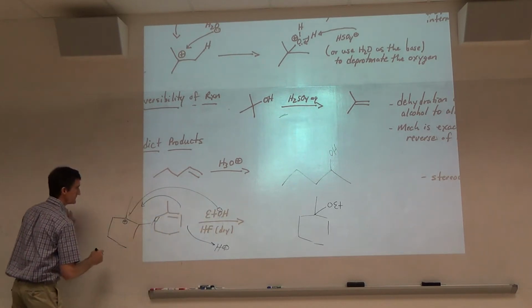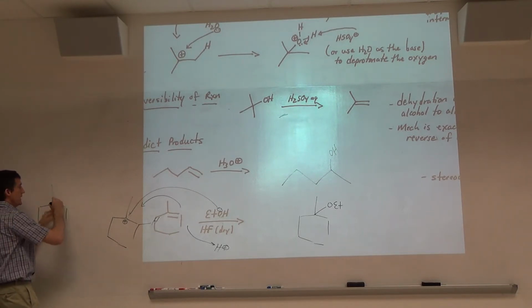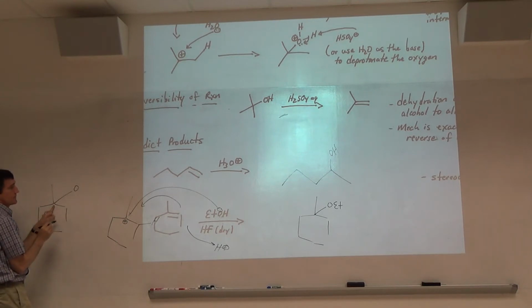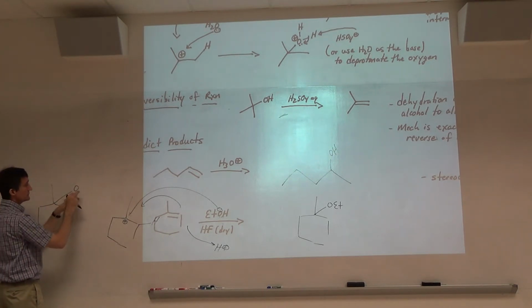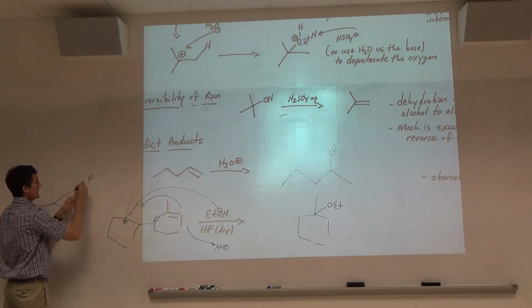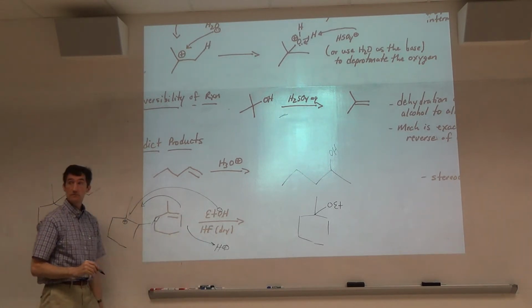What does that give? We now have what bonded to this carbon? Oxygen. How many lone pairs left on oxygen? One, because the other one is now bonded. What else is on the oxygen? H and an ethyl. H and ethyl.